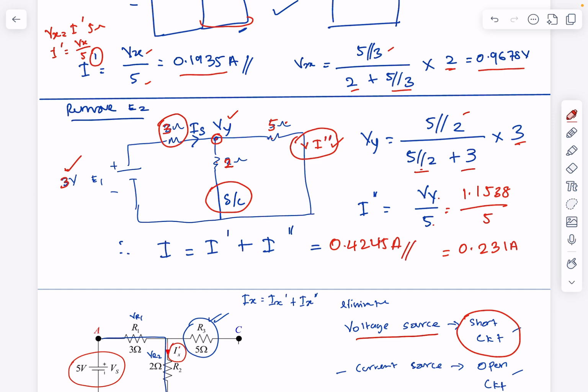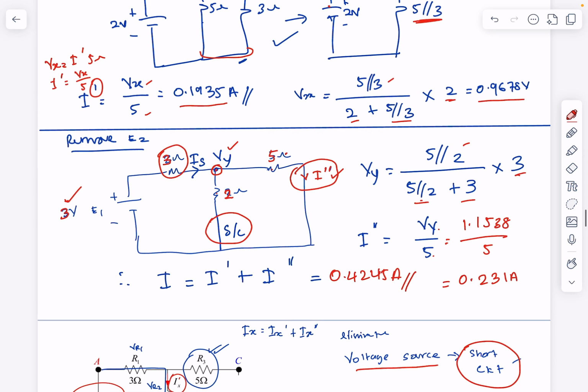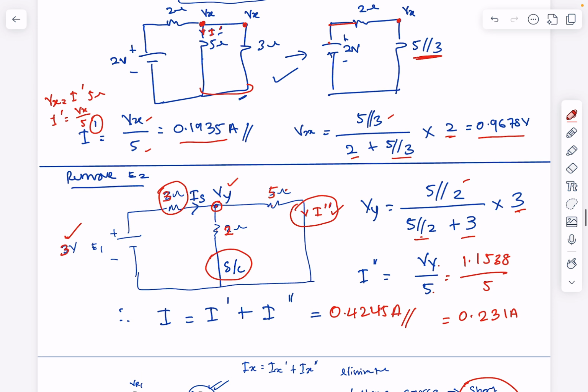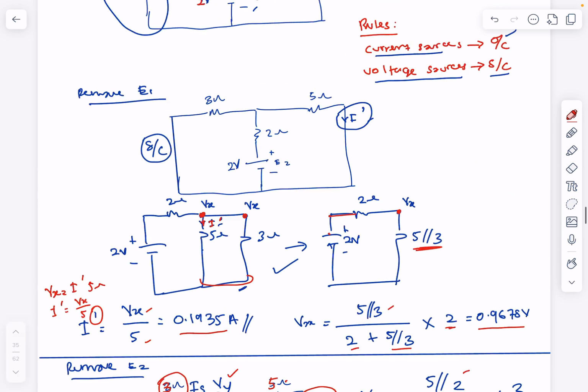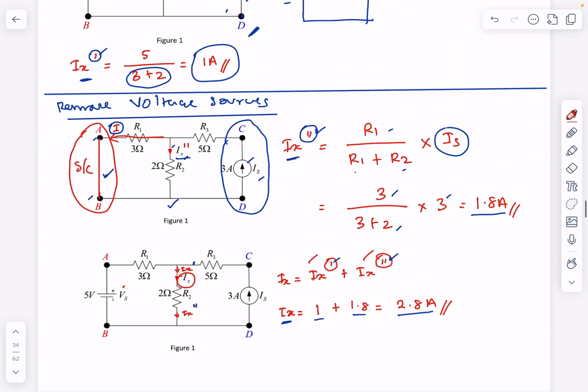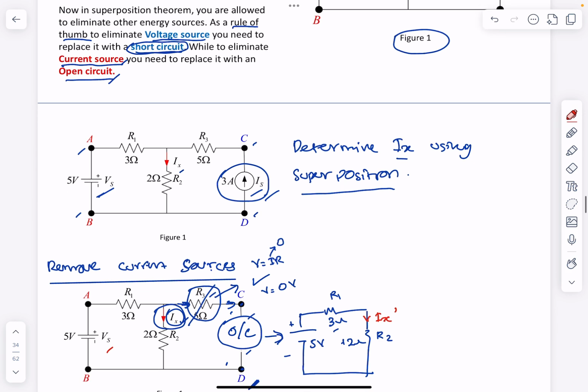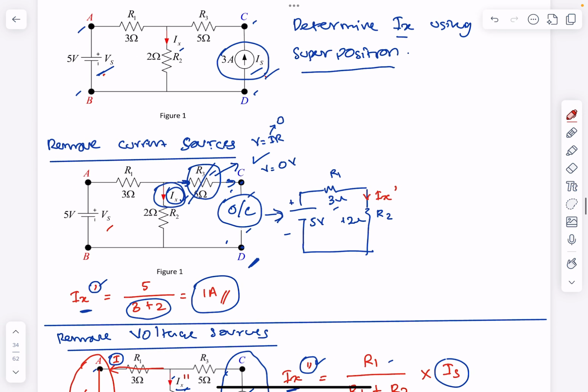Okay. So basically using superposition, you can eliminate one of the energy sources as before. For this case, you have the original diagram. You have two energy sources, voltage and current. So if you want to remove the current source, you need to calculate Ix here using this Vs. If you want to remove this current source, you need to replace it with an open circuit.